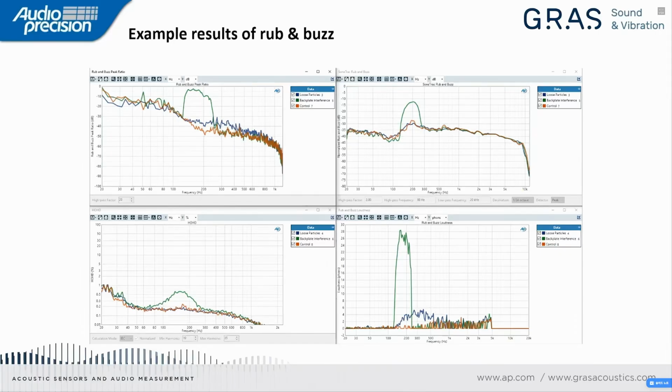And here you can quite easily see that this has a definite difference, both for the loose particles and the backplate interference. So it'd be relatively simple to set limits around this and pick up both defects.